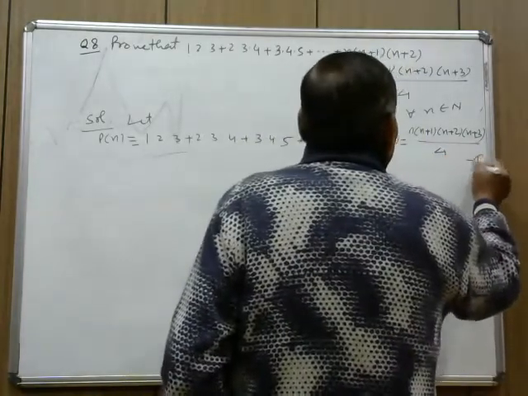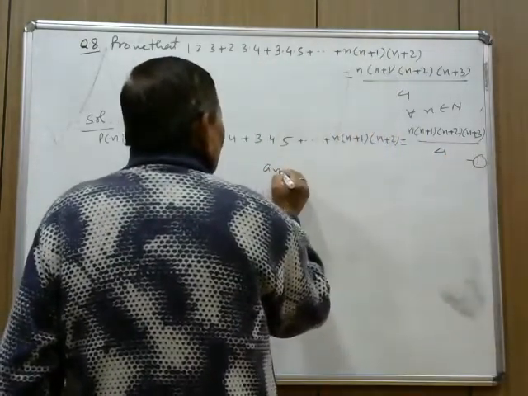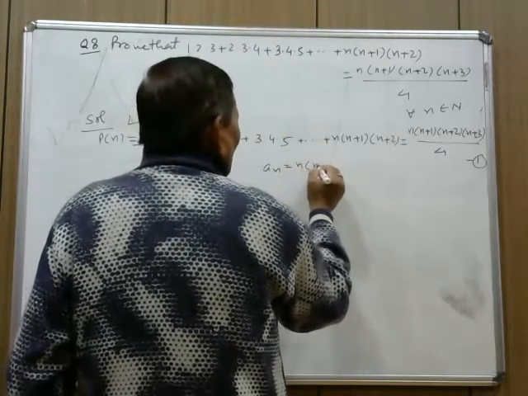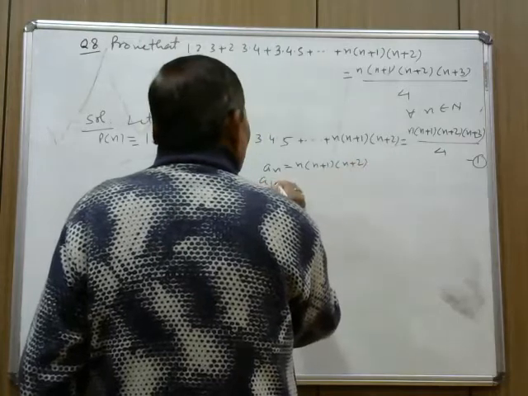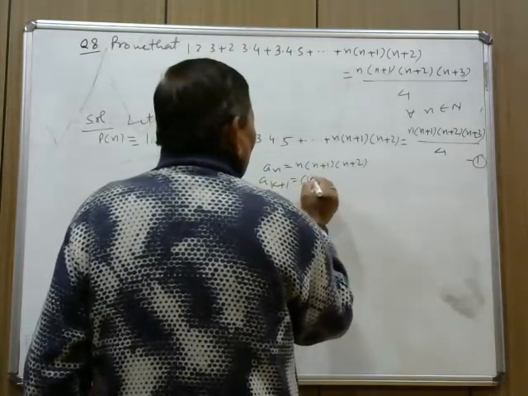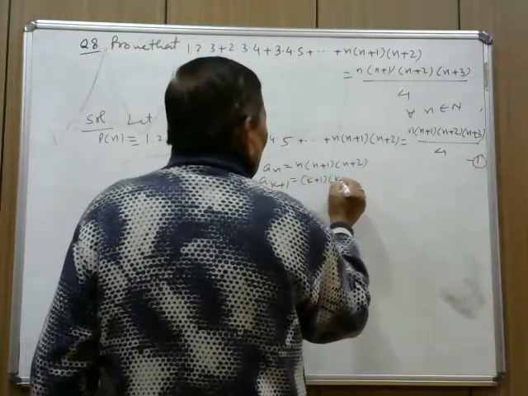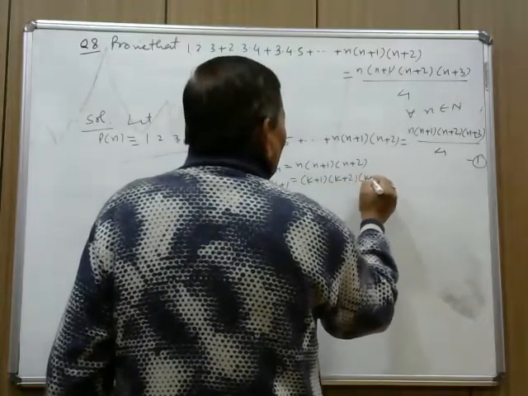This is 1. Here an is n into n plus 1 into n plus 2. So your ak plus 1 is k plus 1, k plus 2 and k plus 3.